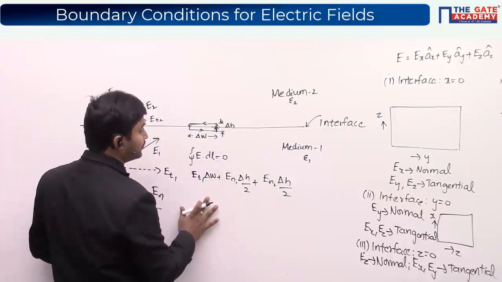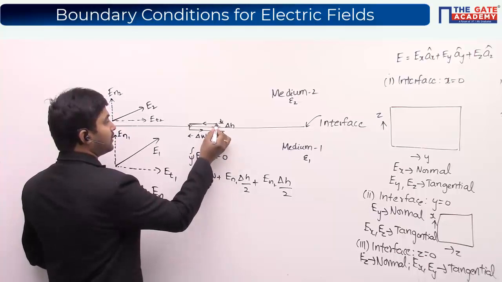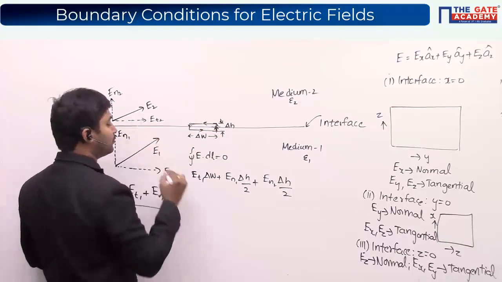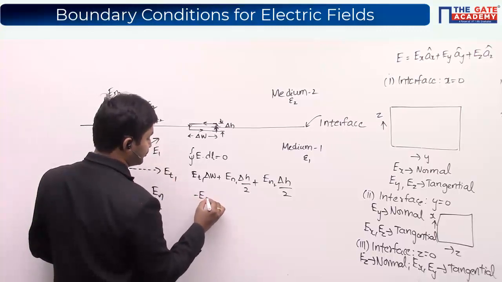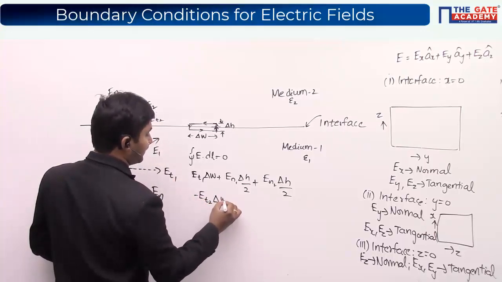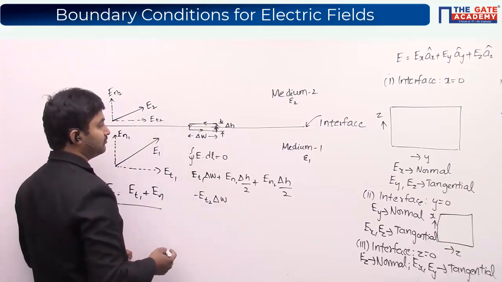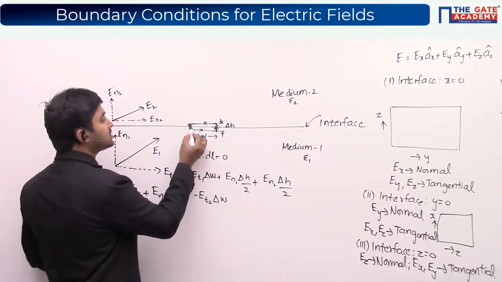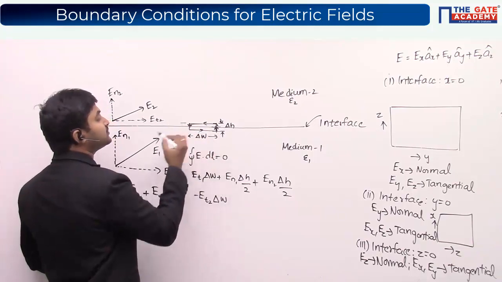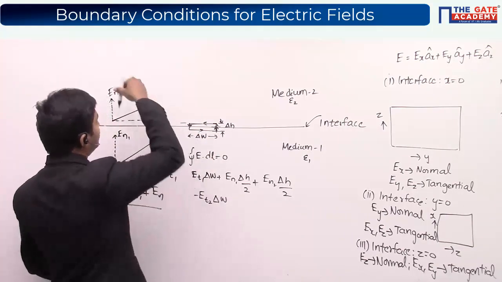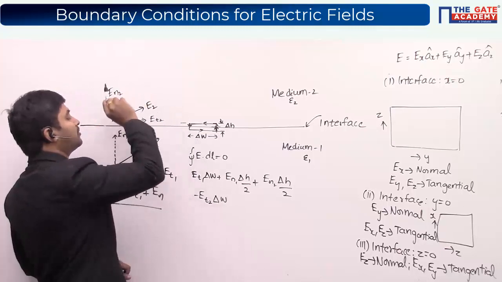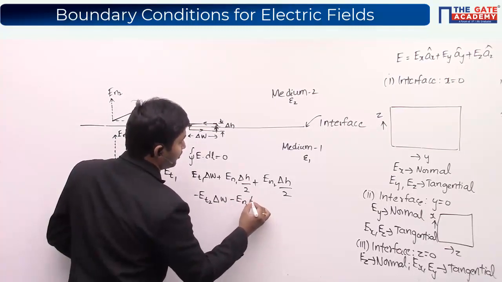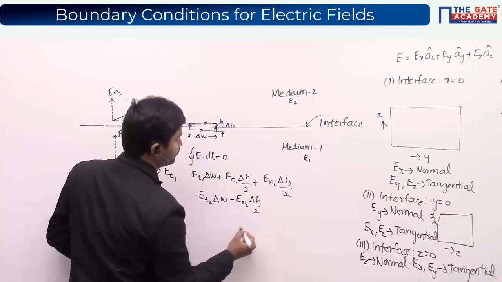So in that case, I can consider it as minus Et2 multiplied by del W. And here you see that the electric field is coming downwards, having a height of del H by 2. So coming downwards, it means that it is moving opposite to the normal component. So I can say it is minus En2 multiplied by del H by 2.